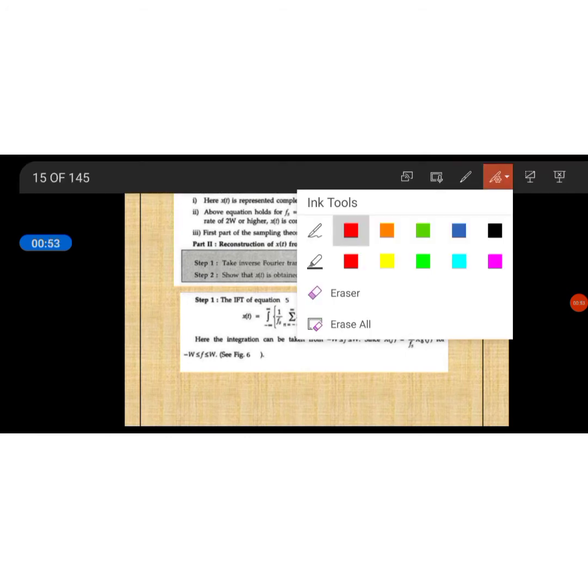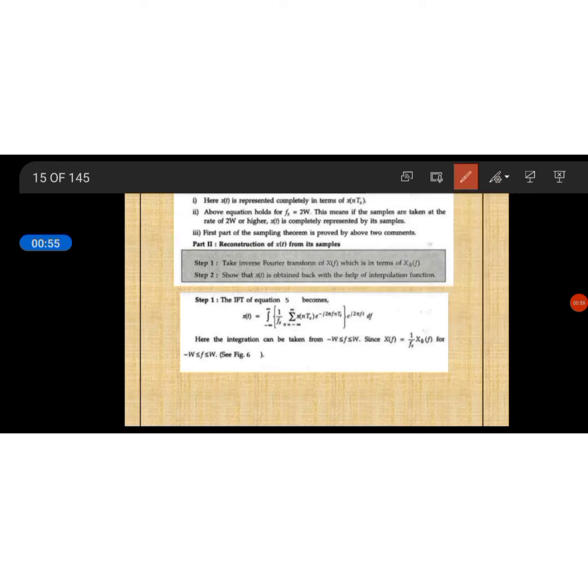In the last video we discussed the proof of the first part of the sampling theorem, that means the representation of the signal x of t as x of nTs. In this class we are going to discuss part 2 of the sampling theorem, which is the reconstruction of x of t from its samples.